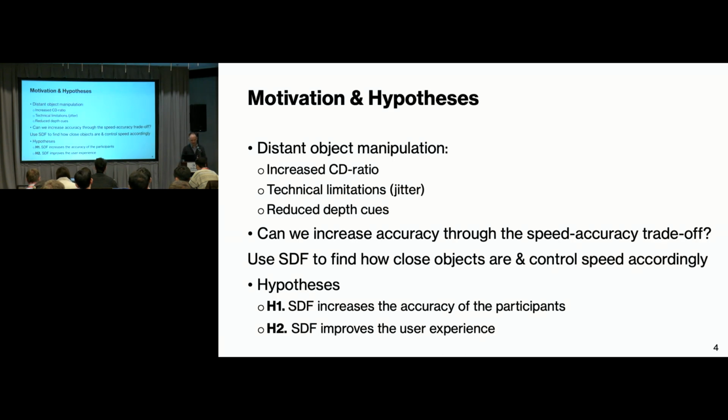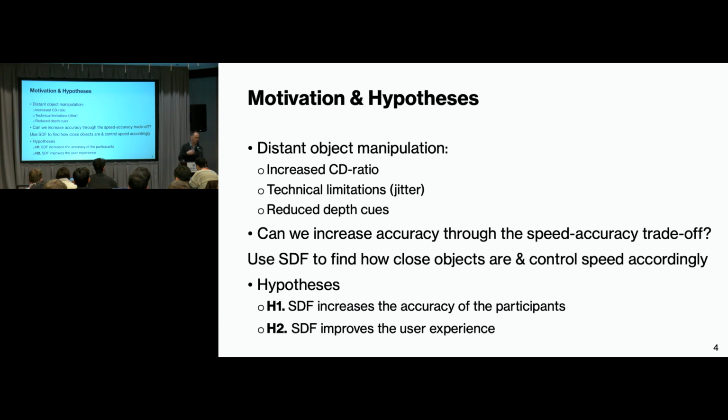Now, because we are faced with distant object manipulation, we have an increased control-display ratio, right? It's really hard for me to hold the laser pointer steady here. You can see the little bit of jitter, and this is just hand jitter, right? I haven't said anything about the tracking system, because we may also have a tracking system, and any inaccuracy in the rotation will also add jitter to this.